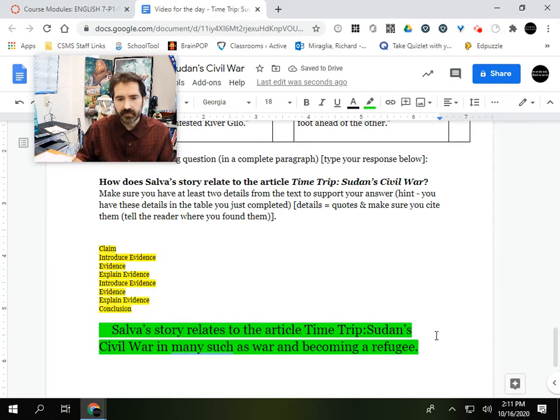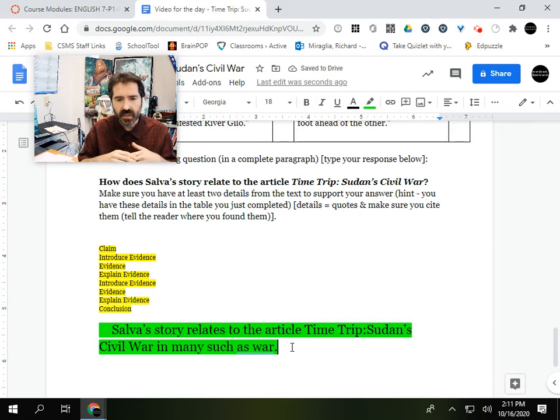It's my claim. Okay, so now I'm going to introduce a piece of evidence. I want to include both pieces of evidence, so I'm going to alter this a little bit. I'm just going to focus in on the war because that'll still give me a solid paragraph.